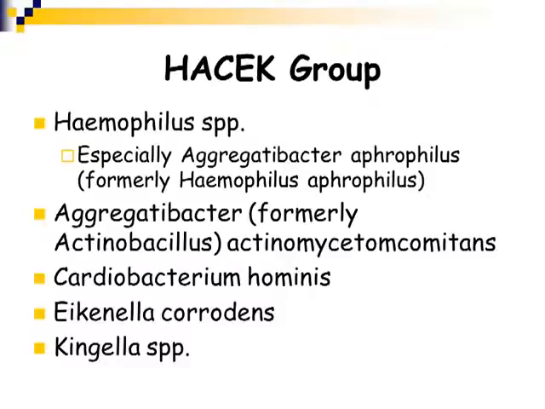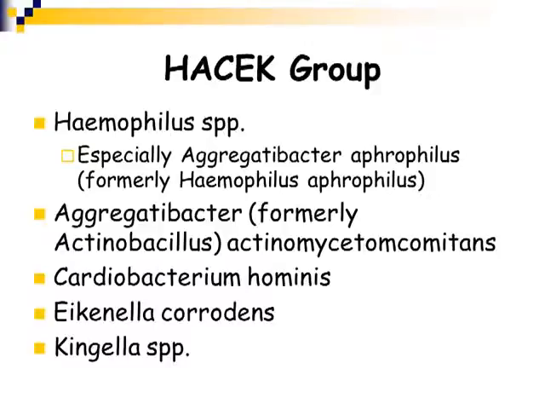However, for the H, or Haemophilus, the organism was Haemophilus aphrophilus. You recall in part 2 of this lecture, we mentioned how Haemophilus aphrophilus was renamed to Aggregatibacter aphrophilus. So this organism is no longer a Haemophilus species, but it is a closely related species.